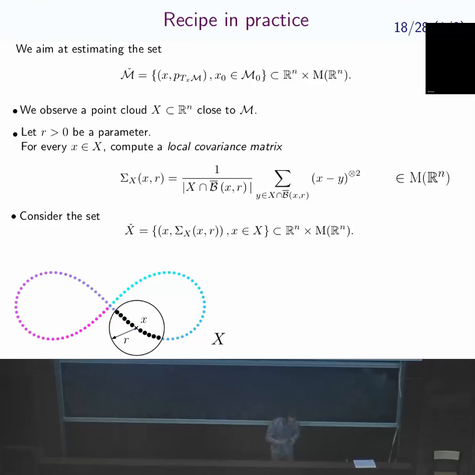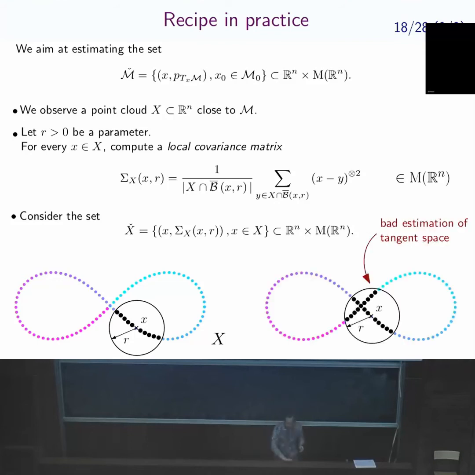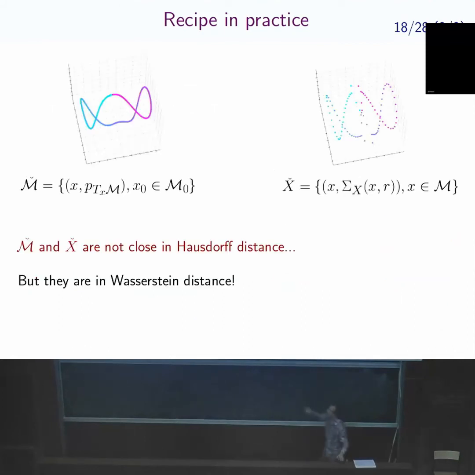But this is not true, because the local covariance matrices are biased next to the intersection of the immersion. As a consequence, my sets M check and X check won't be close in Hausdorff distance. You can see anomalous points in the center.